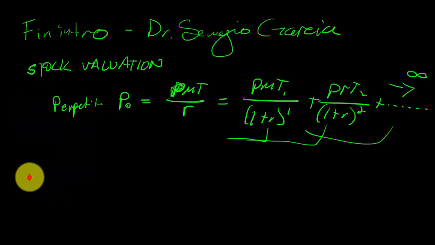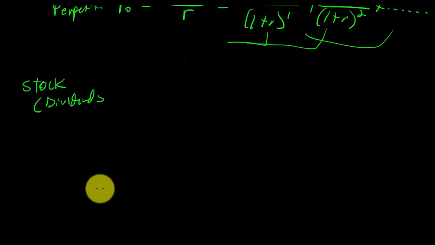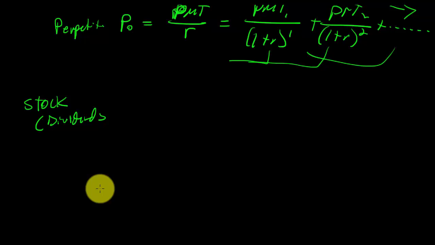So a stock, if we look at the dividends of a stock, looks very similar to this, right? It looks like we receive dividends for the stock all the time.